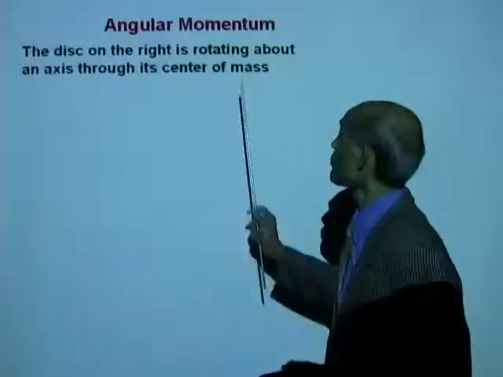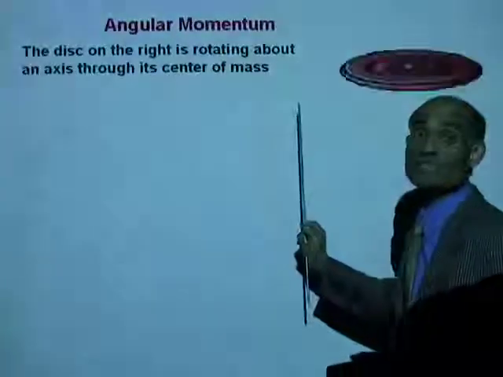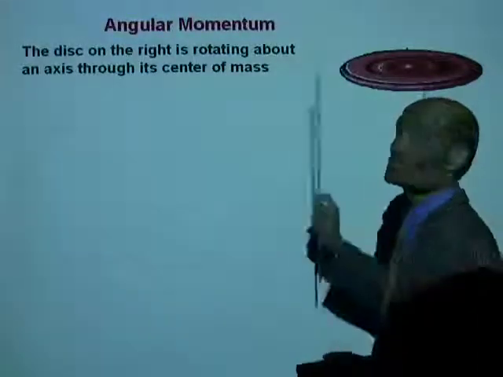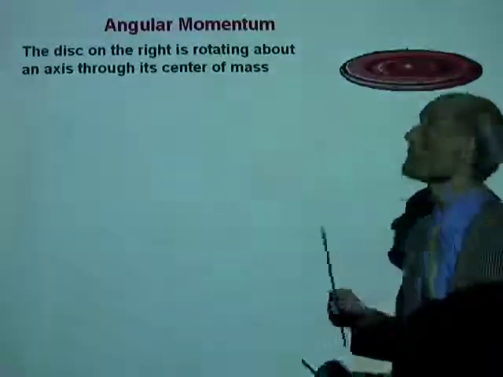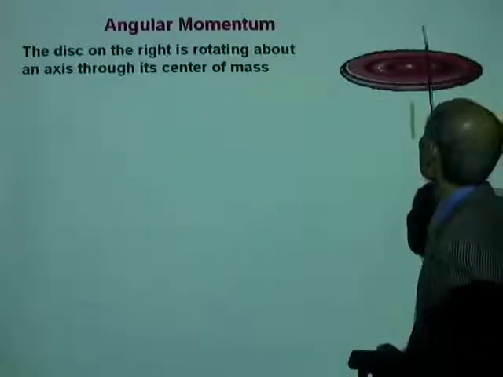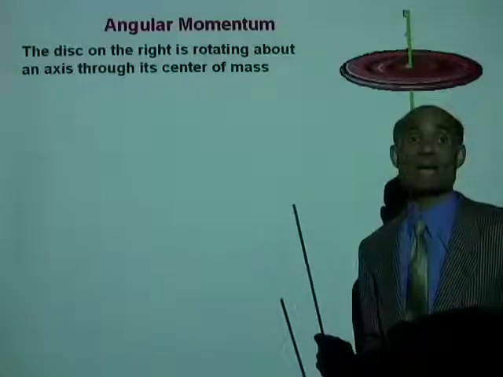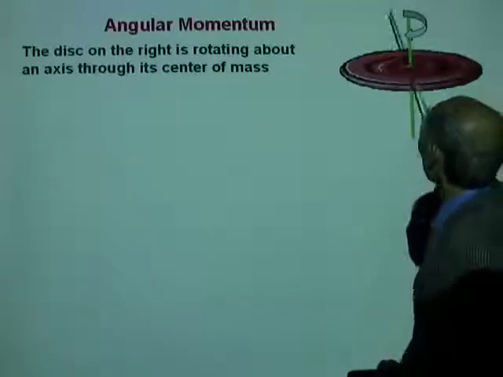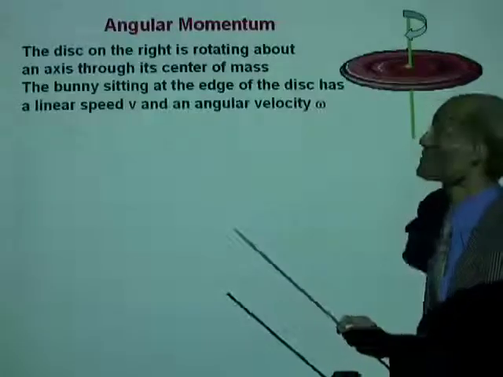The disk on the right is rotating about an axis through its center of mass. Here I have a disk, a very old disk, and I'm going to bring back my bunny now. So here I have a disk rotating about an axis that passes through its center of mass. And let's say it's rotating in the clockwise direction.